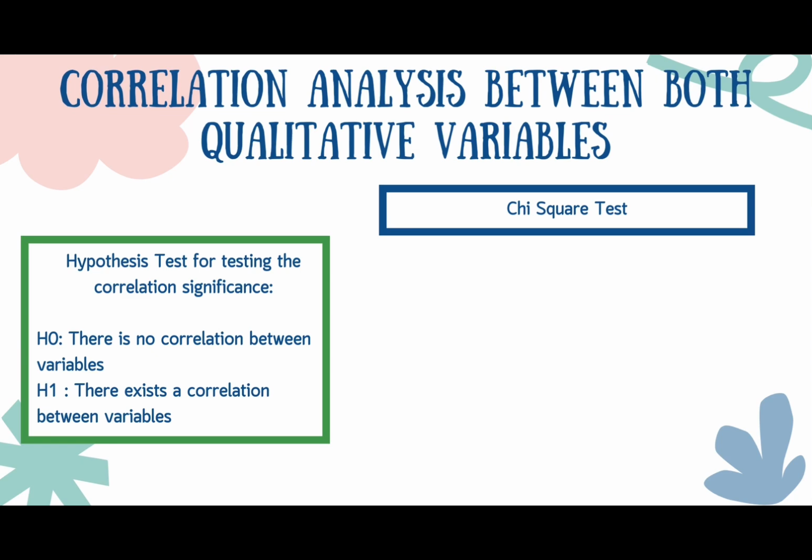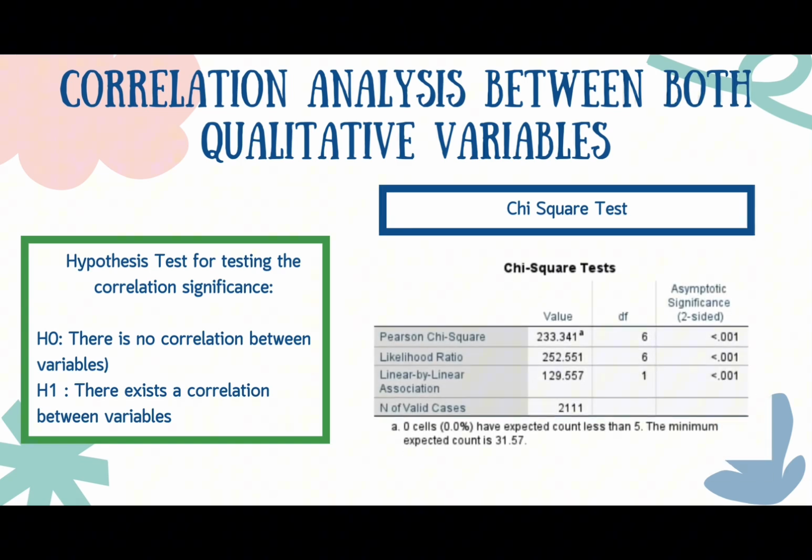Based on figure, the significance value is less than 0.001, which is smaller than the alpha value, 0.05, hence, H null is rejected. This indicates that there is a significant correlation between the frequency of eating high-caloric food, FAVC, and the obesity level category.